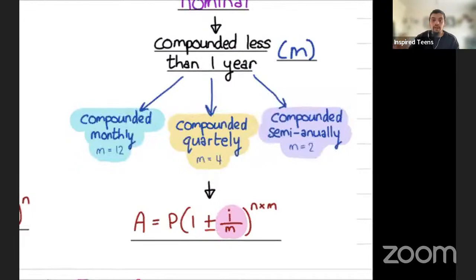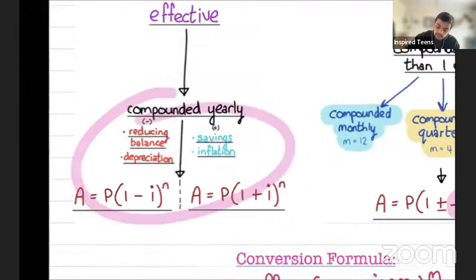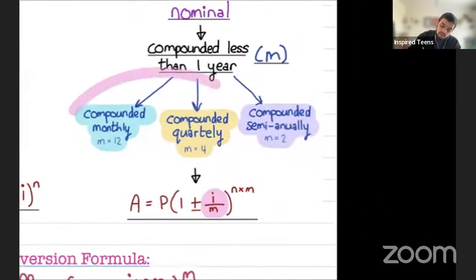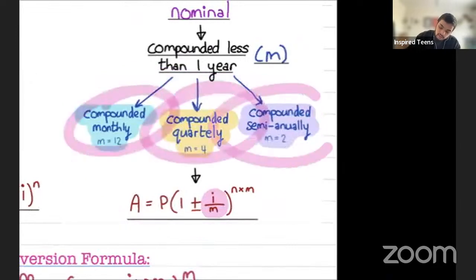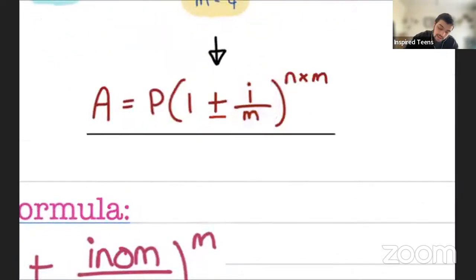That's where they calculate how much interest you owe them. Here they calculate it basically on a yearly basis, but here your interest is calculated on different intervals like monthly, quarterly, or semi-annually, and that's why we have to divide our interest rate.